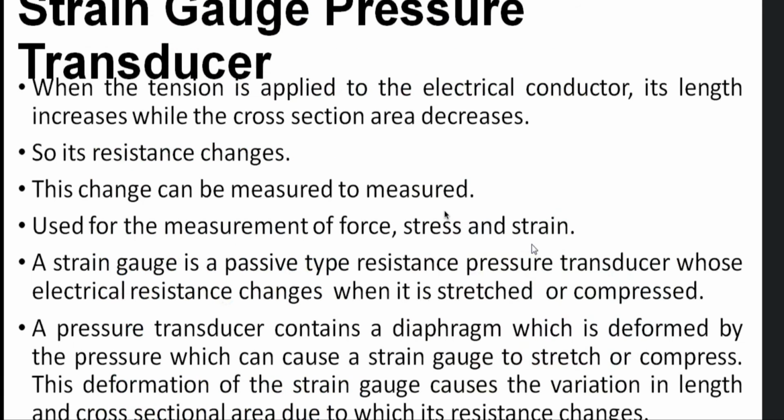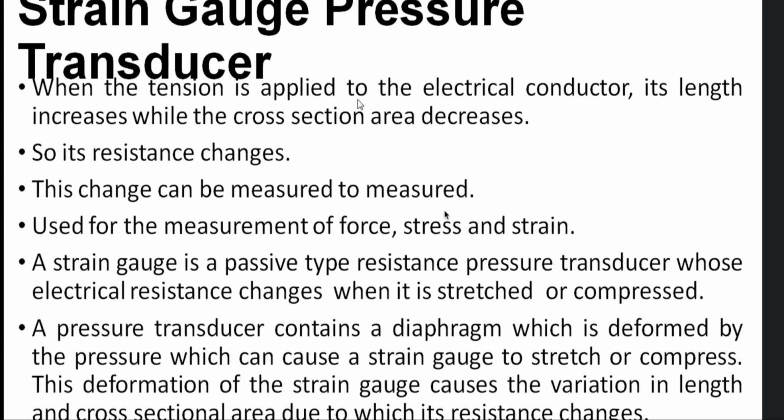Strain gauge pressure transducer. We will do this experiment in the lab also. We have to perform the experiment with the strain gauge, take the output, and draw the graph.